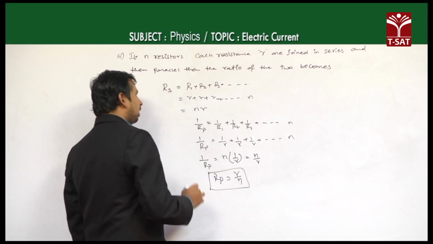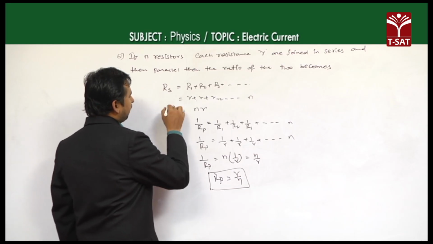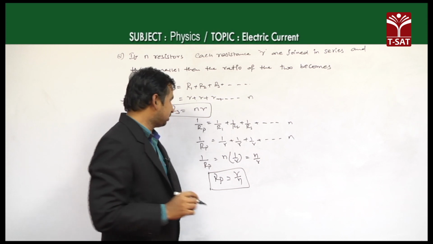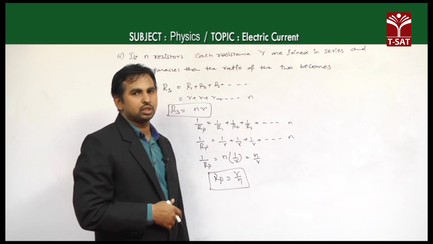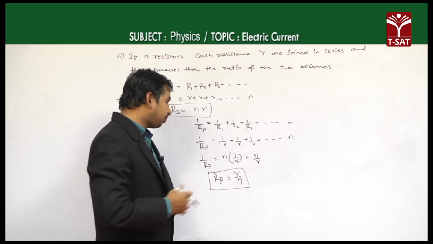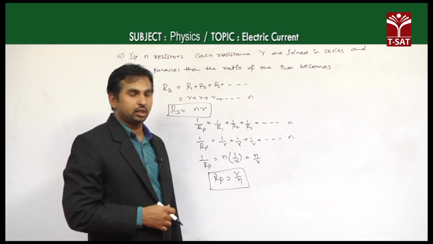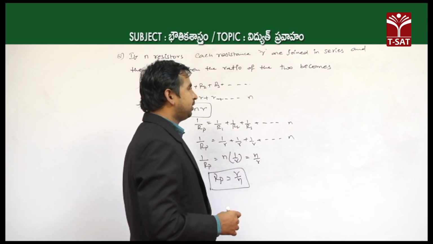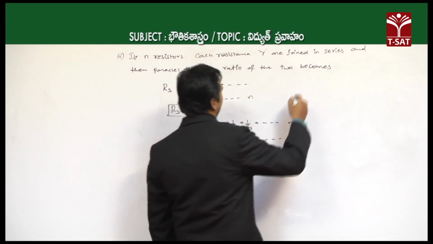Now we have the Rs value, which is nR, and the Rp value, which is R by n. Rs means the resistance when connected in series, and Rp means the resistance when connected in parallel. The question asks for the ratio between Rs and Rp.